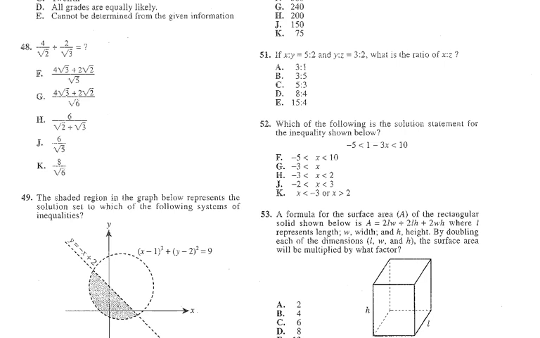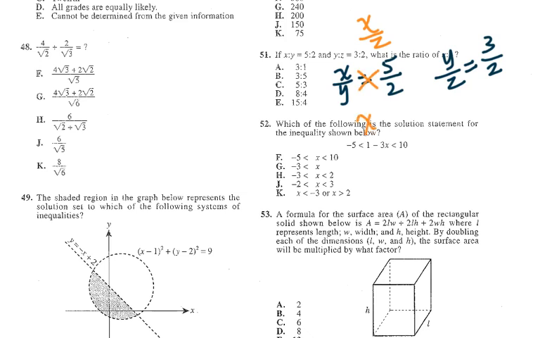For 51, if x over y equals 5 over 2, and y over z equals 3 over 2, I'm looking for x over z. First of all, use y to stand for x and z. So cross multiply, x will be 5y over 2.